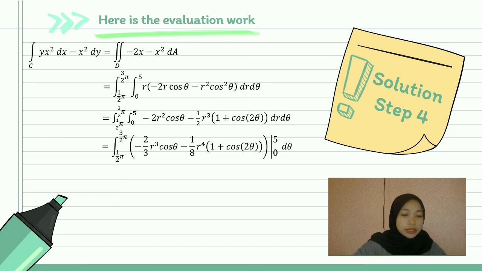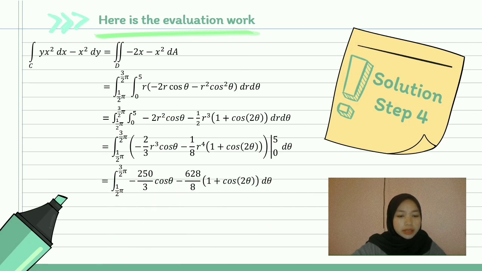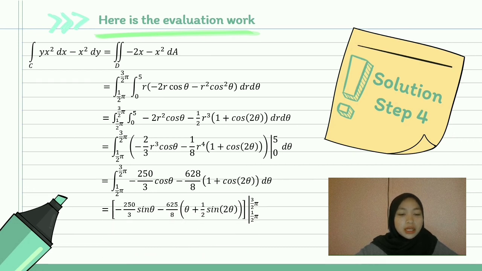Then we replace r with 0 and root 5, and we get negative 250/3 cos theta minus 625/8 bracket 1 plus cos 2 theta d theta. For the second integral, we integrate with respect to theta, which gives negative 250/3 sin theta minus 625/8 bracket theta plus 1/2 sin 2 theta bracket, and the limits are theta from 1/2 pi to 3/2 pi.